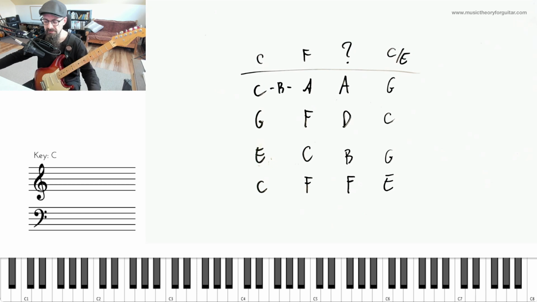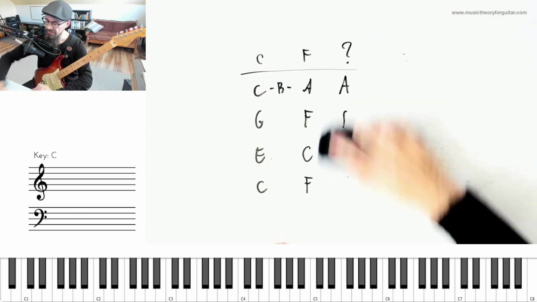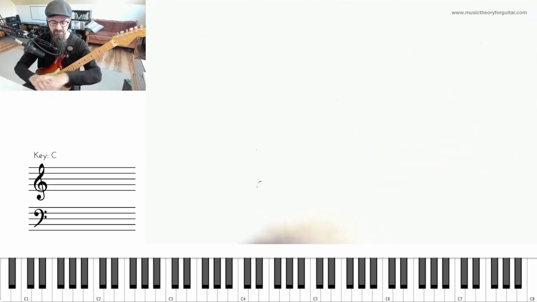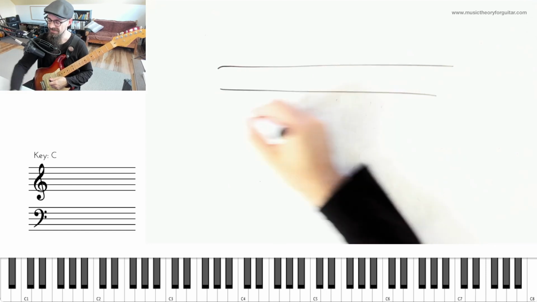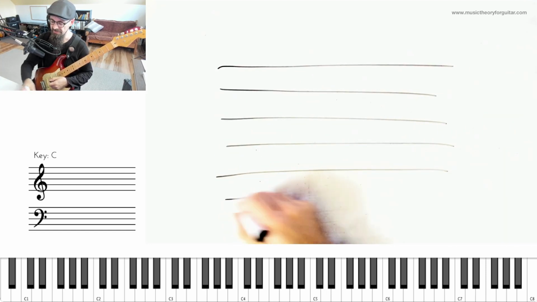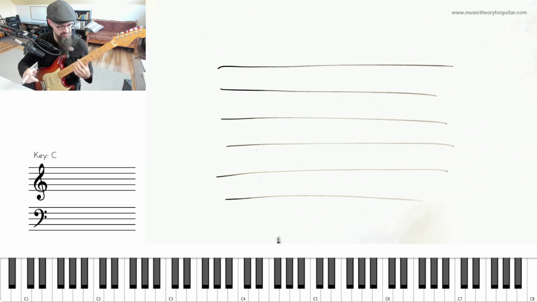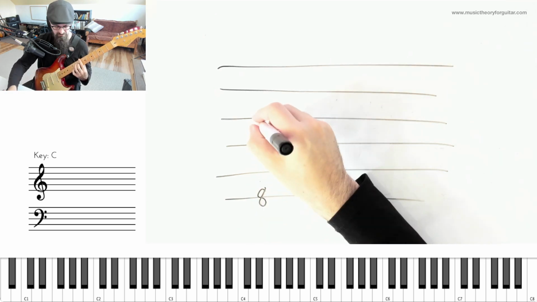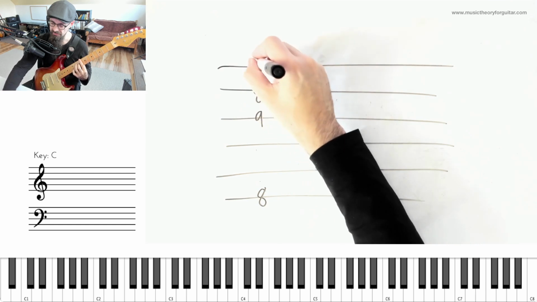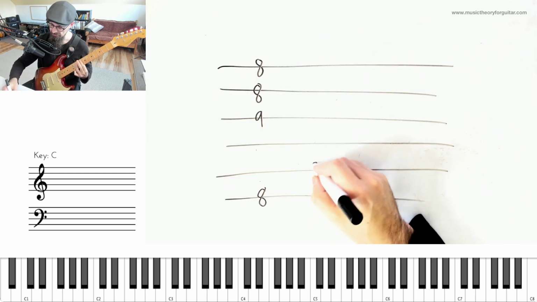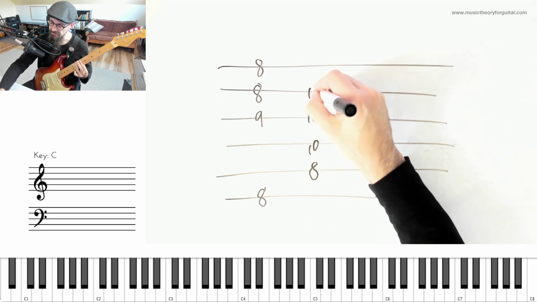If you want the tablature, I'm just going to write very fast a tablature for what I just played. Okay, so you have it. The C major was 8, 9, 8, 8, the F was 8, 10, 10, 10.